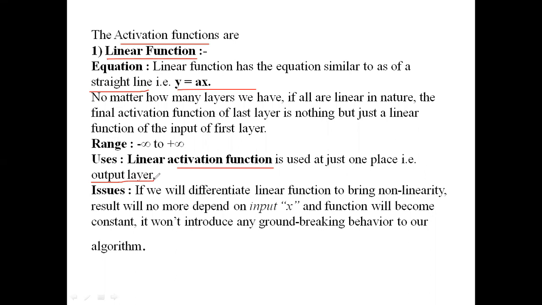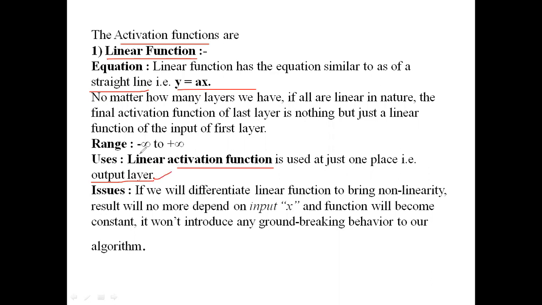You may have multiple layers in your network, but if your activation function is a linear function, then you are going to supply this activation function value at the place of the output layer only.